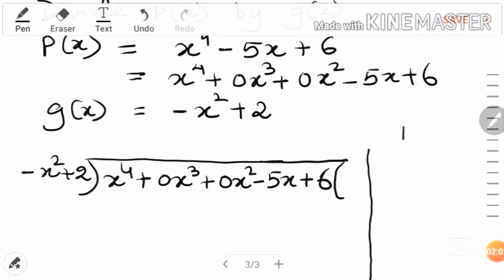Drawing rough column to work out the quotient terms. To find the first term of the quotient, we divide the first term of the dividend by the first term of the divisor. So x to the power 4 divided by minus x square will give us minus x square.